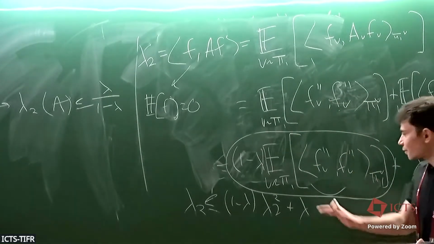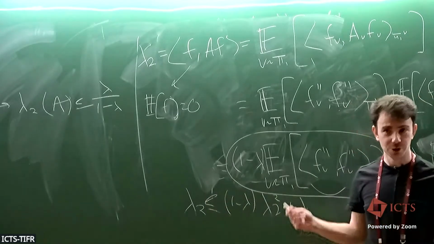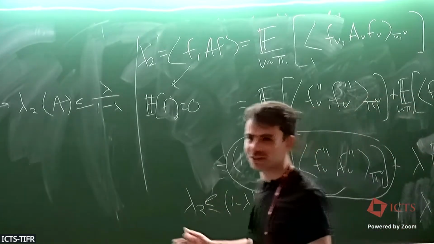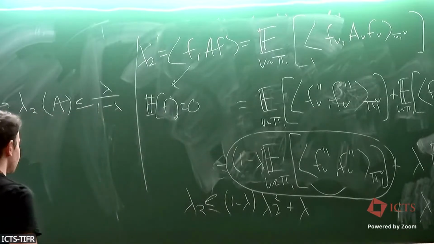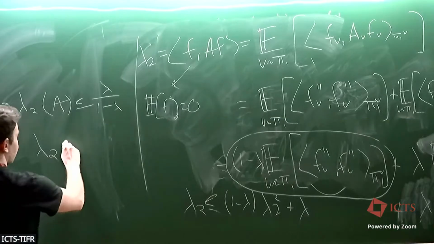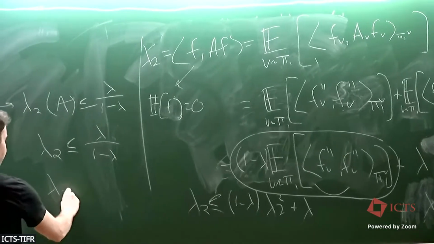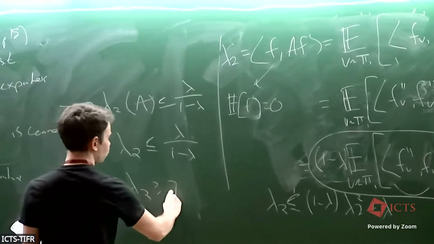And I claim that if you solve this quadratic, which I'm not going to do on the board, this is a quadratic in lambda 2. We can do 8th grade math. And we'll get that the possible solutions are lambda 2 is less than or equal to lambda over 1 minus lambda, or lambda 2 is greater than or equal to 1.